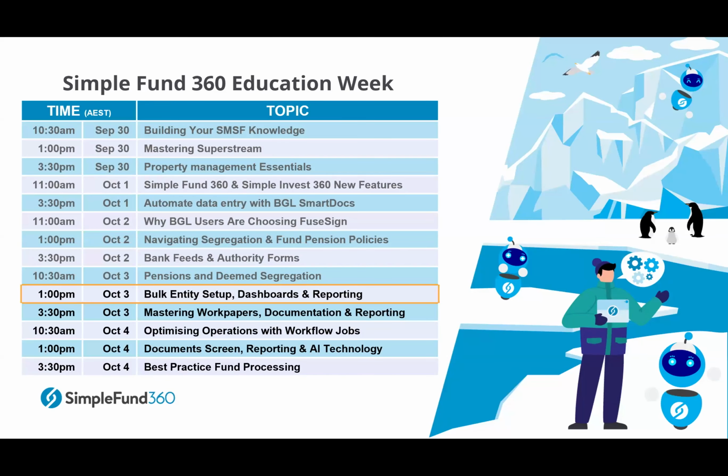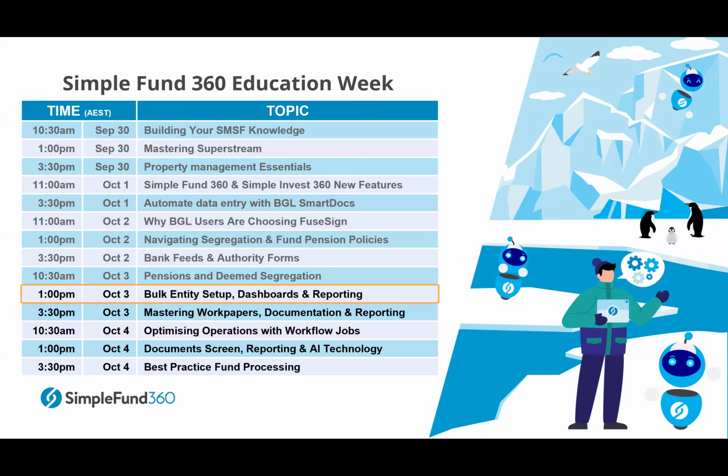Just quickly, as I said, today's webinar is part of a series of webinars. This morning we started with pensions and deemed segregation. Hopefully you attended that one and got a lot out of it. We're now going through bulk entity setup, dashboards, and reporting. Later this afternoon, I'll be taking everyone through the work papers module in Simple Fund 360. And then tomorrow we round up our week with optimizing operations with workflow jobs, document screen reporting, and AI.